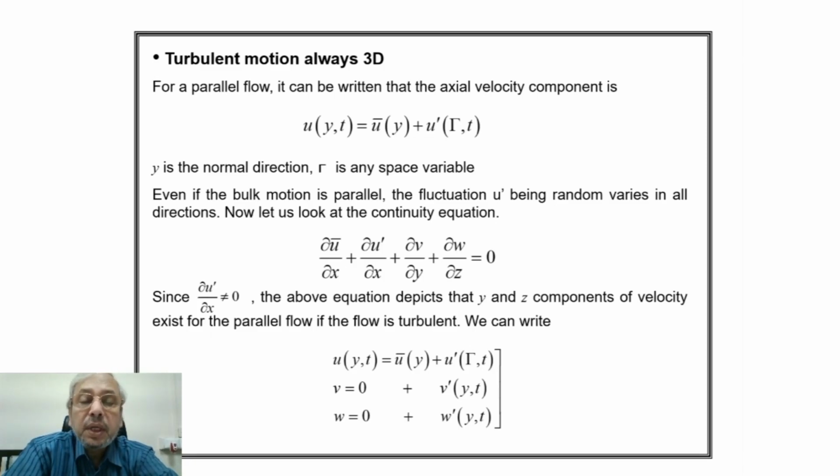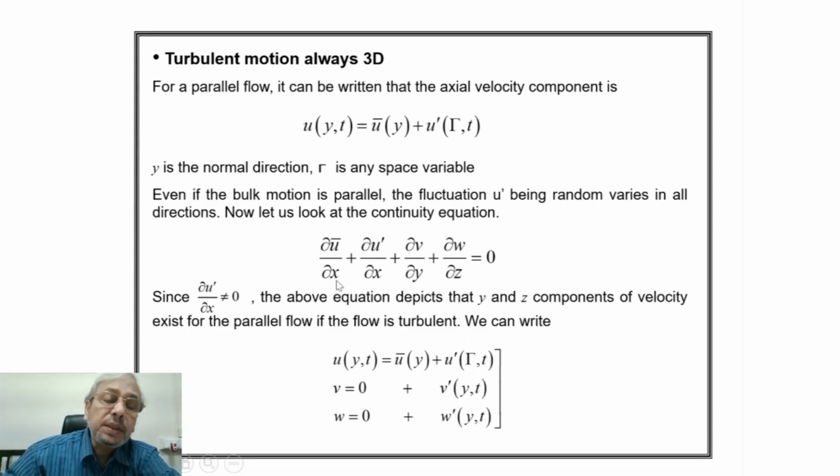Now let us look at the continuity equation, ∂u/∂x, where u is substituted by u mean plus u fluctuation. As we have written here, u equals u mean plus u fluctuation. This is u instantaneous. So we have plugged in that and then we have gotten this equation.